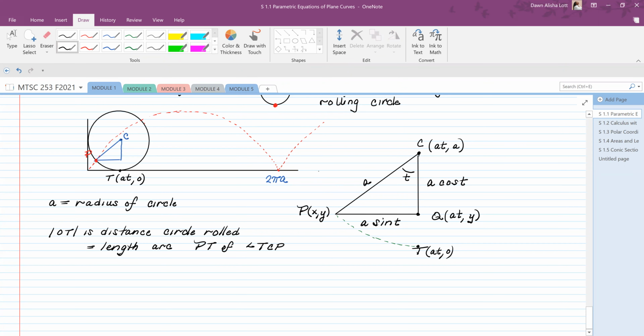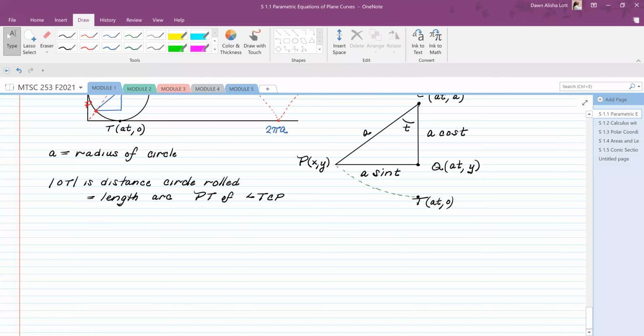Now we already know that the distance from here to here, the length of O to T, is simply A times t. C, which is (A t, A), is the center of the circle.